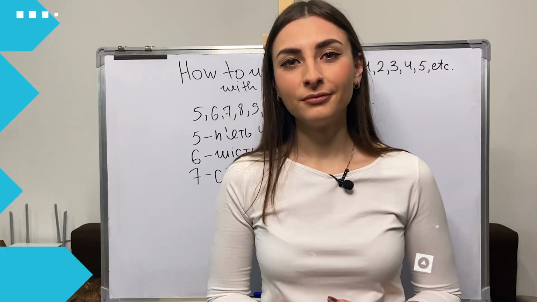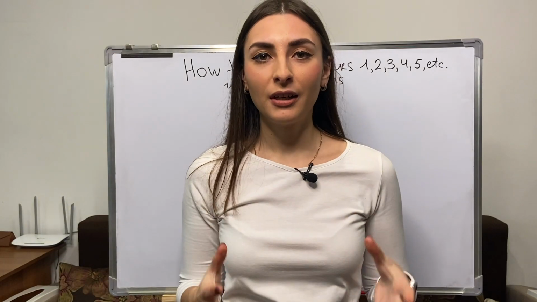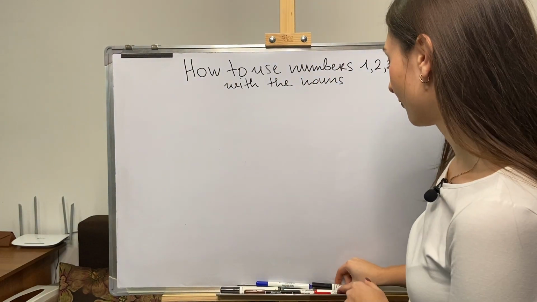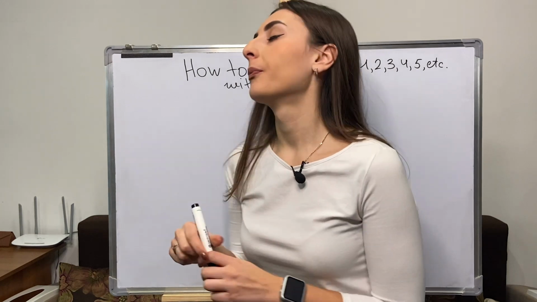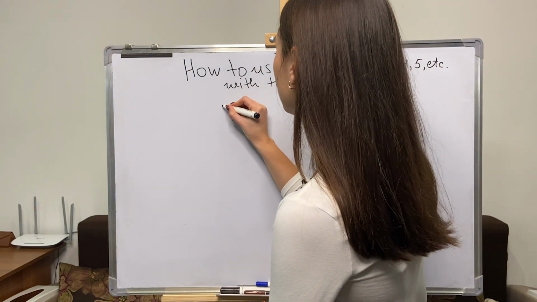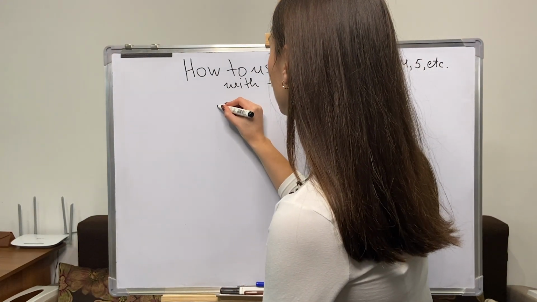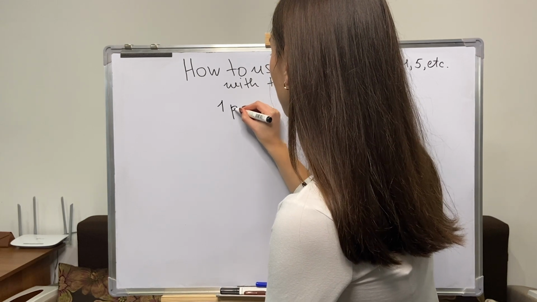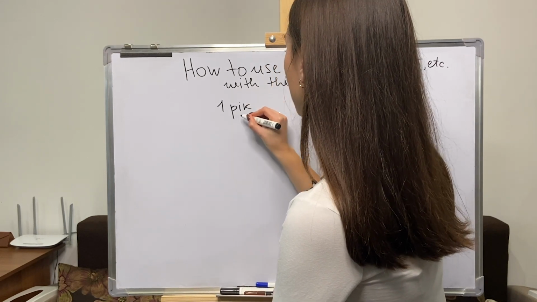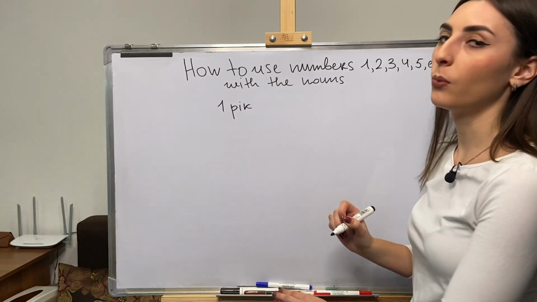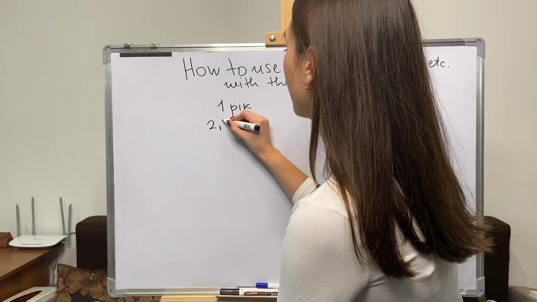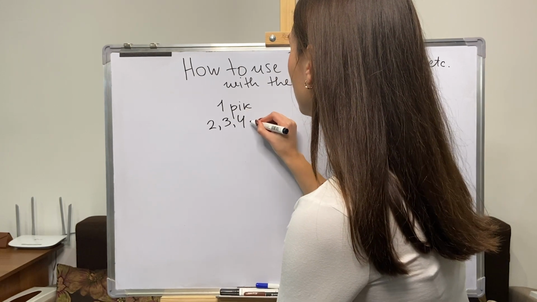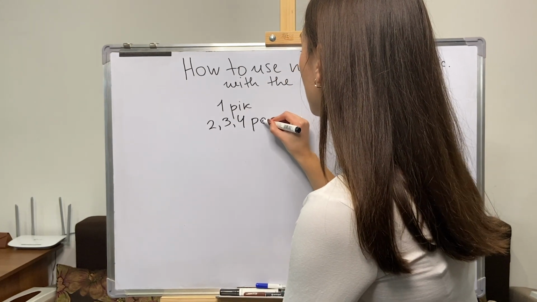Okay? Some more examples. For example, you want to say 1 year. We say один рік. 1 year. Then you say 2, 3, 4 роки.